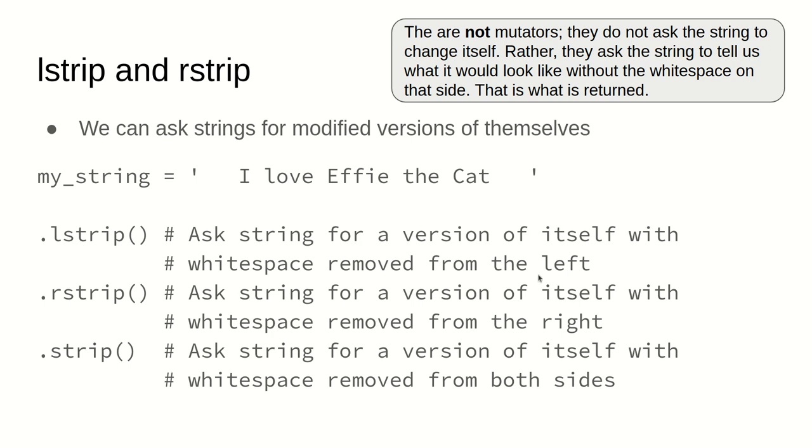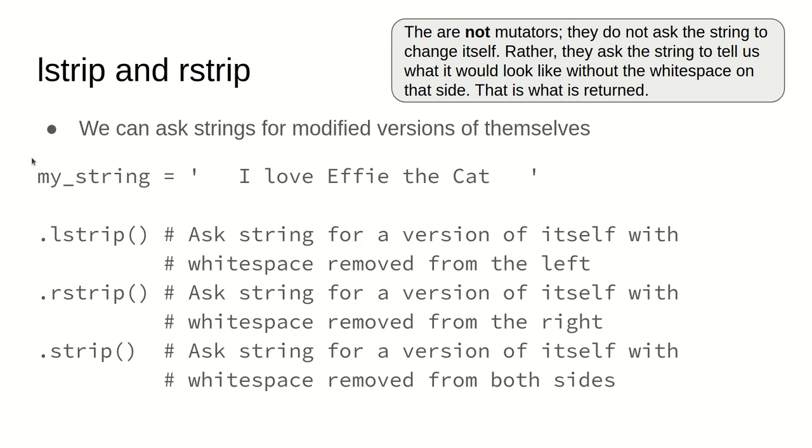For instance, if I took my string here, which starts with a little white space, a few spaces, and ends with a little white space, if I called myString.lstrip, that will return a new version of the string where all of the spaces on the left are removed, the spaces in the middle are untouched, and the spaces on the right-hand side are untouched if I use lstrip.